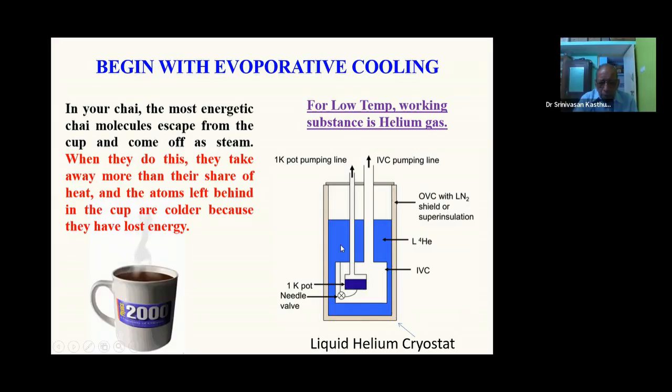So that's why this portion is called the 1K part. Okay. And of course, this is shielded by a vacuum zone, with a vacuum pumping line. Okay. There is an internal vacuum jacket, and the outer vacuum jacket is there with the liquid nitrogen and so on, which is not described here in detail.